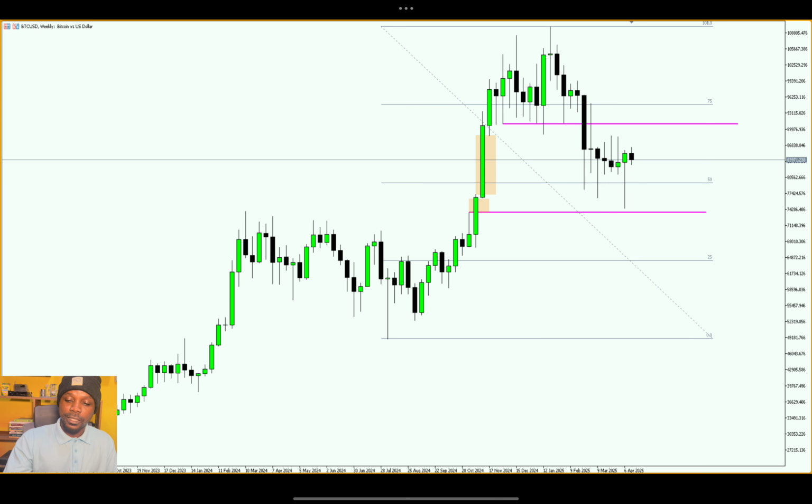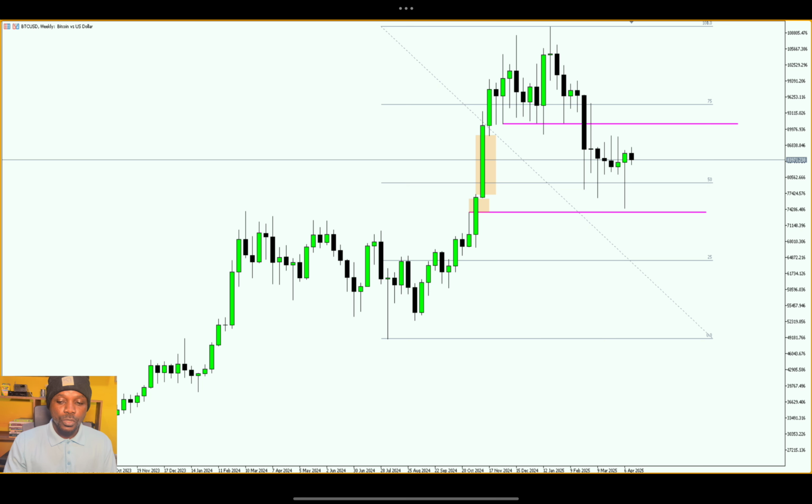And then the lower portion of that 50%, which is regarded as discount price levels, you could see that price didn't necessarily close with the body of the candle beneath the 50% level. Price dipped into the 50% level. In a bullish market, what we usually expect is to see the market go into discount prices, seek liquidity there, and rally back up into premium.